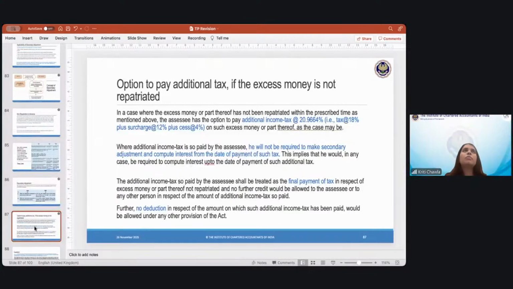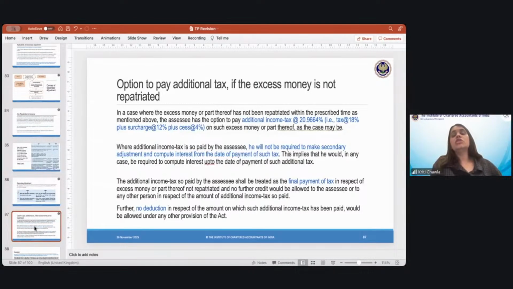So what you have to remember, just as a summary for secondary adjustment, is that the amount should be repatriated to India. What if the amount is not repatriated to India? Well, this will be considered as a deemed loan. And if this is a deemed loan that the Indian entity has given, then the Indian entity will receive interest on this particular amount that will be chargeable to tax in the hands of the Indian entity.